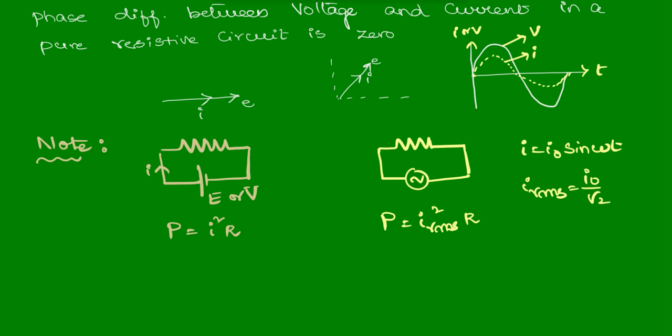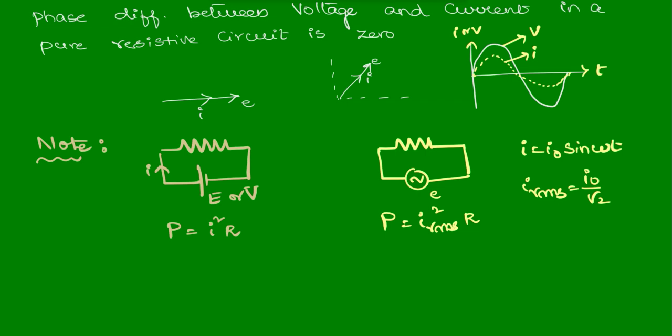From that you can calculate the power dissipated through that resistor if it is connected to an AC source. From that you can also find the heat energy produced by using the I square R T concept. Here we'll use I RMS square R T.